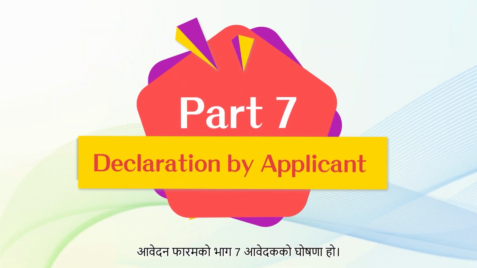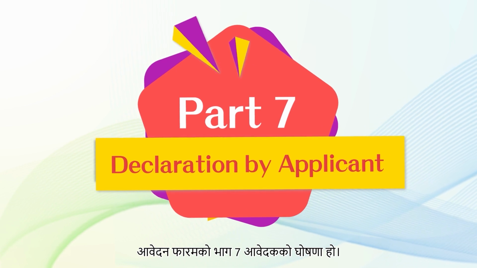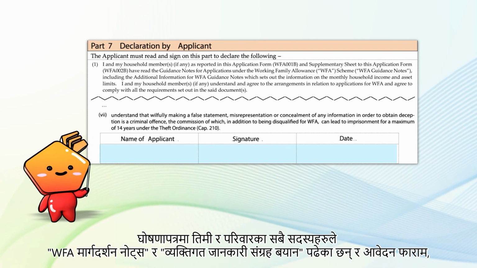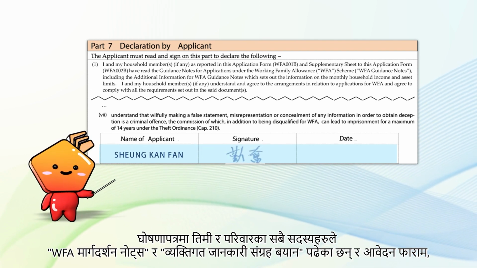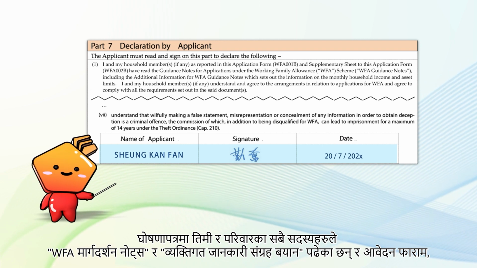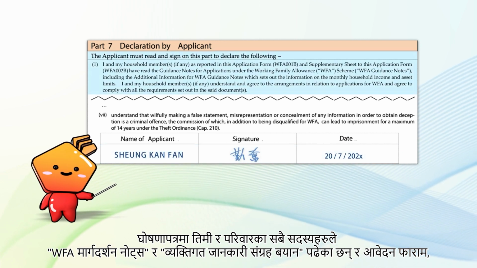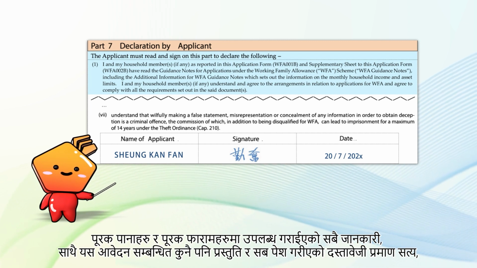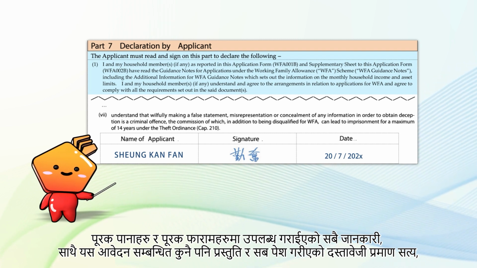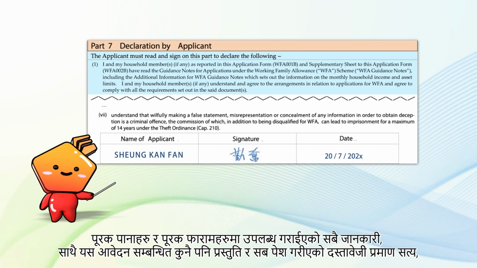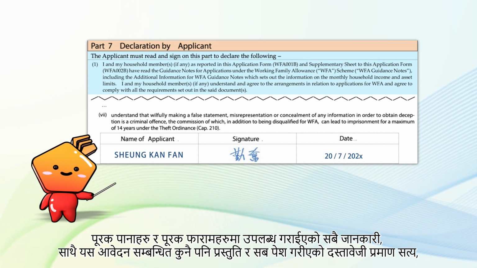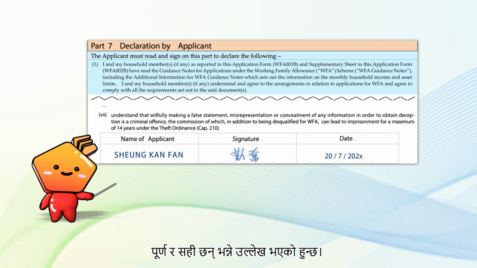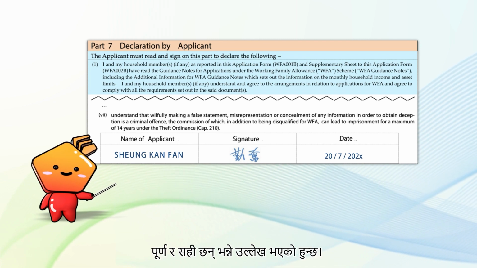Part 7 of the application form is Declaration by Applicant. Applicant must sign the declaration. The declaration includes that you and all household members have read the DUFA guidance notes and personal information collection statement, while all information provided in the application form, supplementary sheets, and supplementary forms, as well as any representations made in relation to this application, and all documentary proofs submitted are true, complete, and accurate.